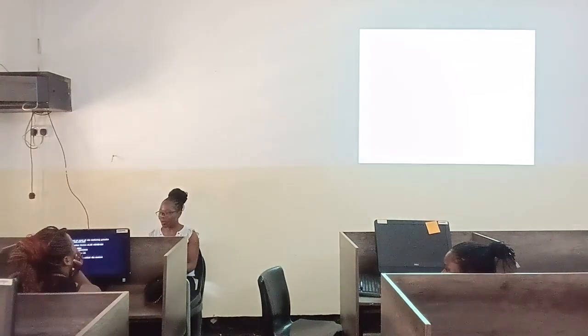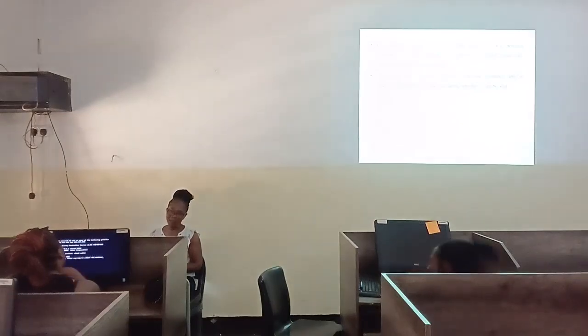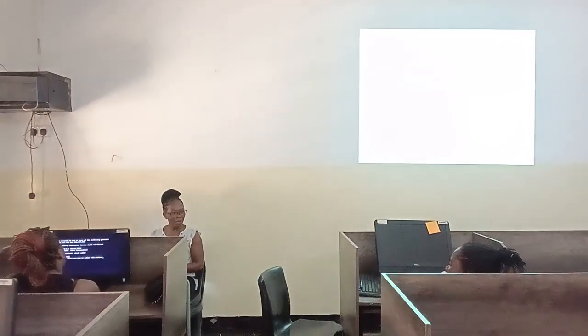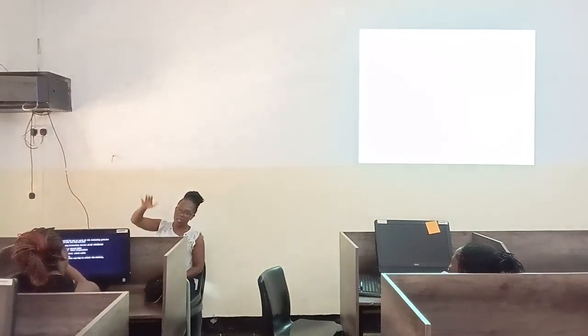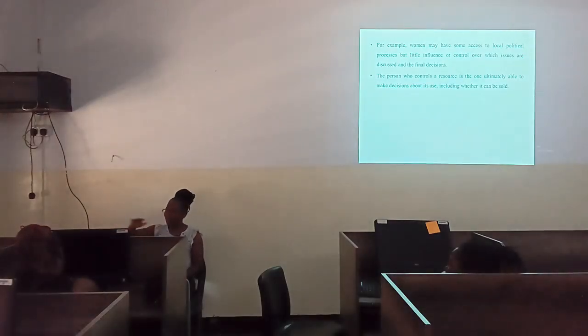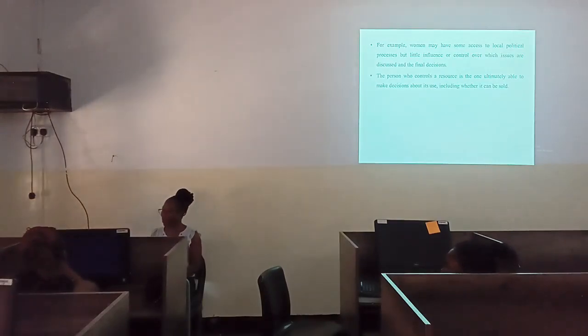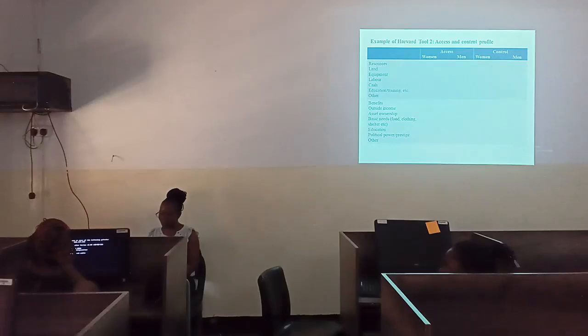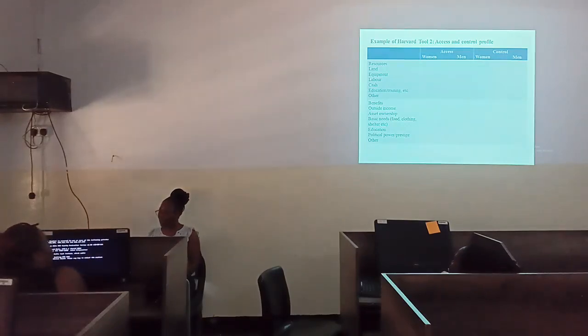So component number 2 looks at access and control of resources. Who controls the resources? You list all the resources used and then look at who controls the benefits, the use, the access, or who has more influence over it. So here is the example of Harvard 2, access and control.